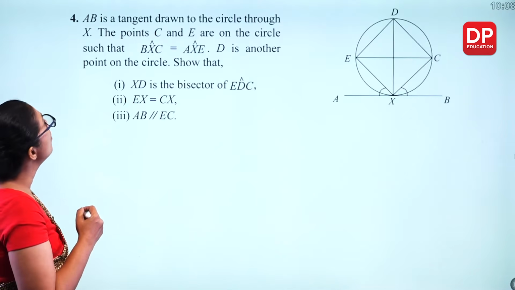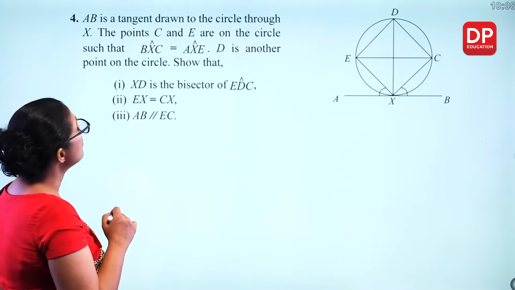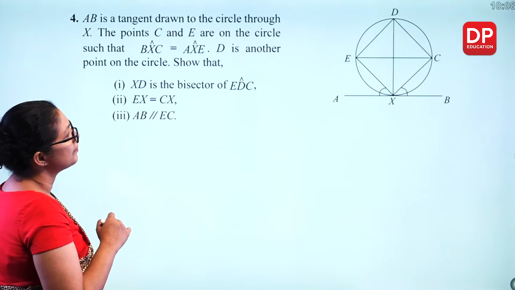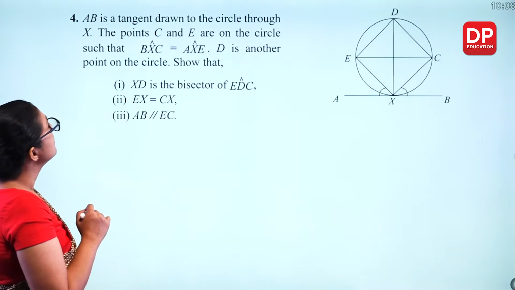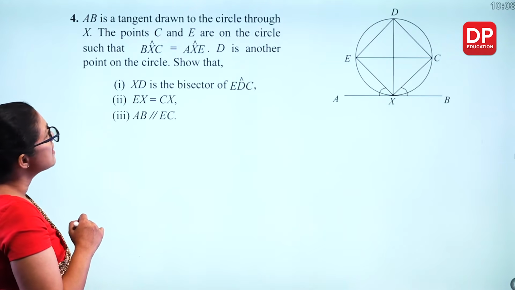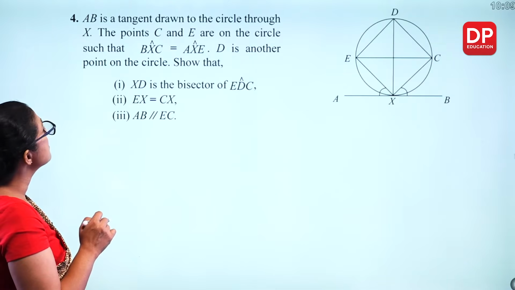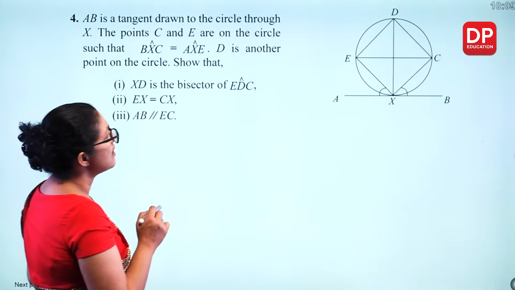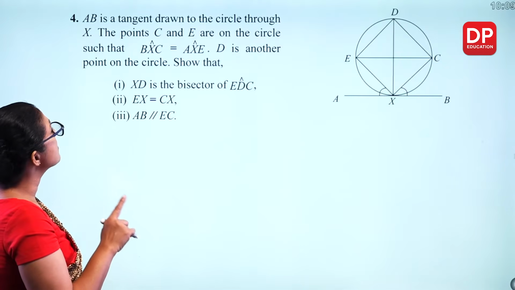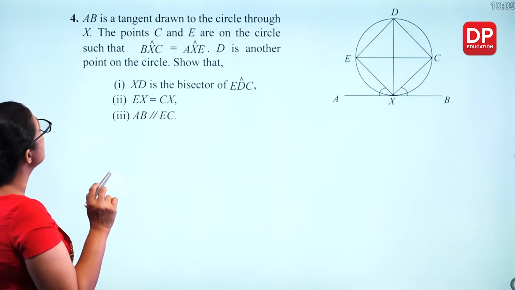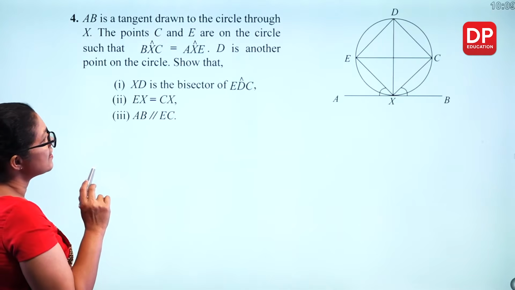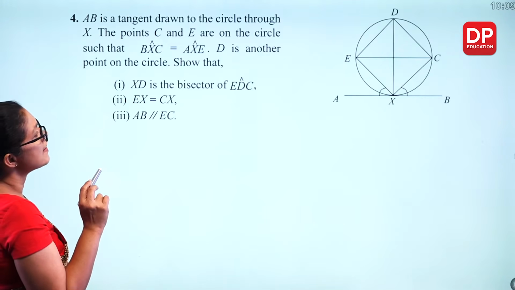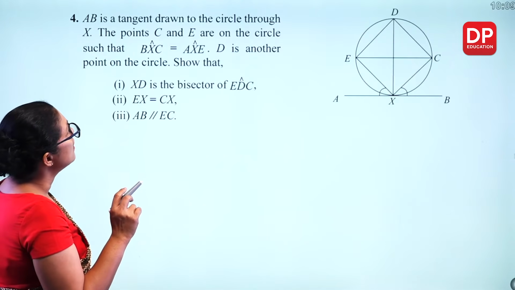Question number 4. AB is a tangent drawn to the circle through X. C and E are on the circle such that BXC and AXE are equal.